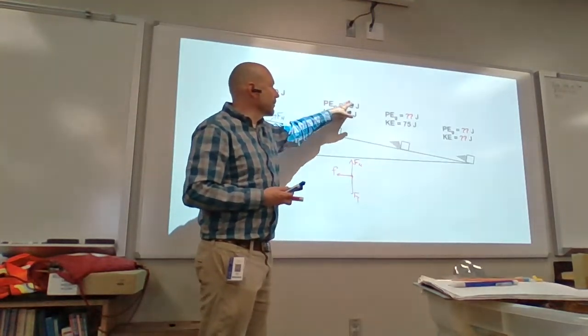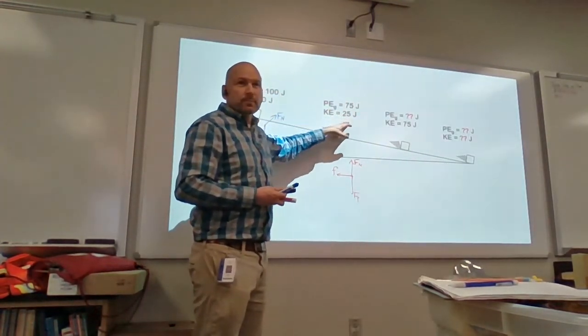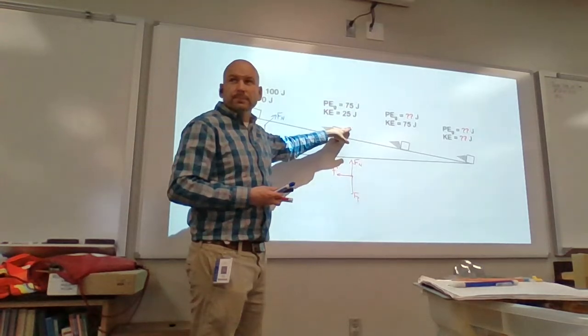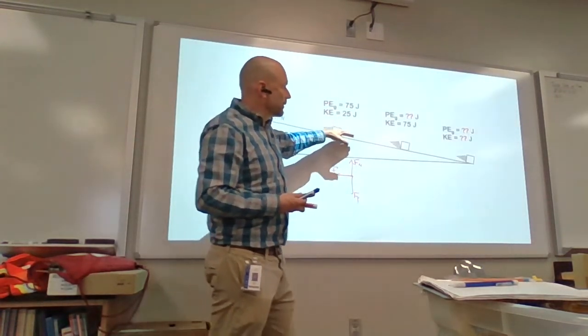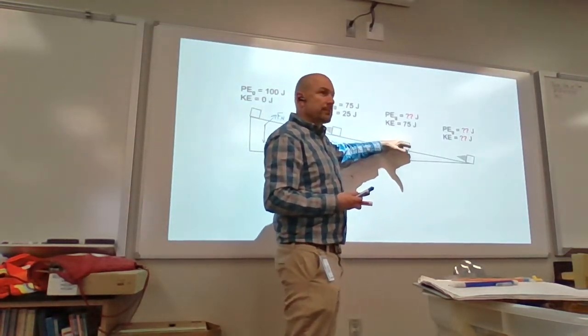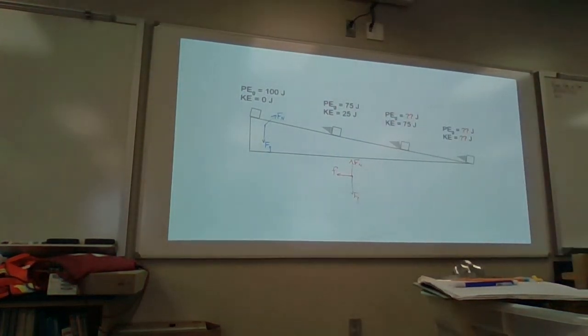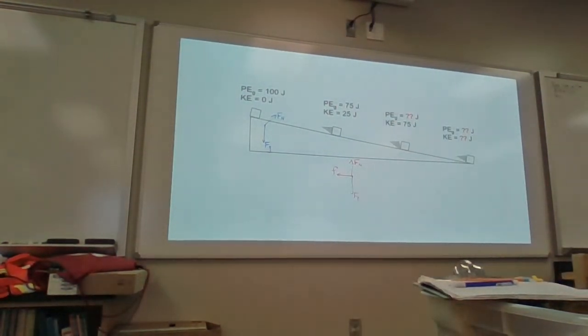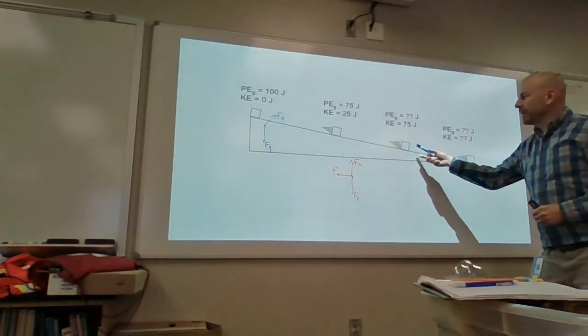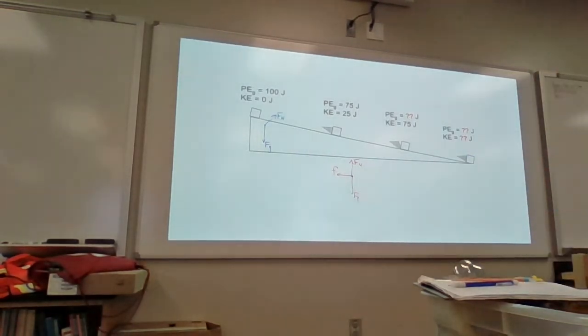So the total mechanical energy is still 100. And as this goes down, because mechanical energy is still conserved since we're ignoring friction, we can figure out the remaining pieces of that. Tell your neighbor what those missing pieces are.